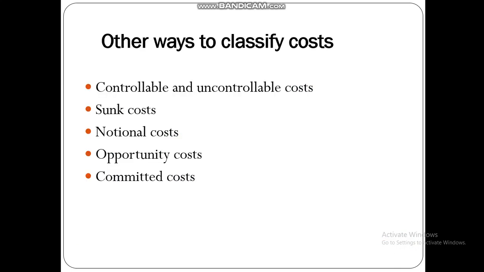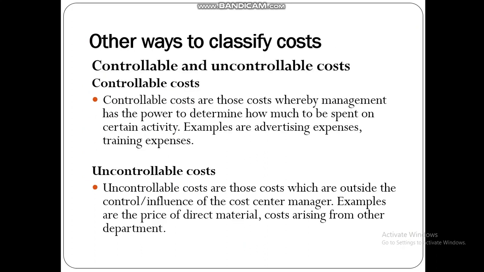These are other ways to classify the cost. The first one is controllable and uncontrollable cost, which you have actually discussed in MAF251. Controllable means the cost that the cost center manager has the power to determine how much to be spent. An example is advertising expenses, influenced by the marketing manager, whereas training expenses are under the human resource cost center manager.